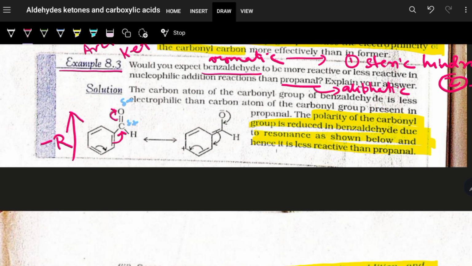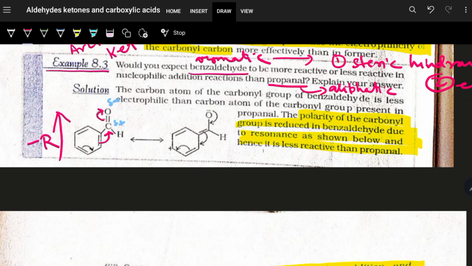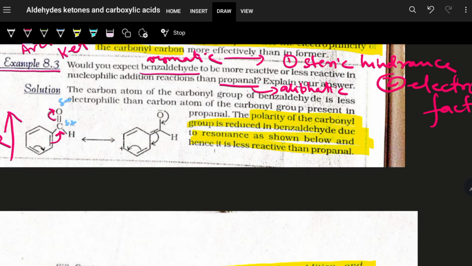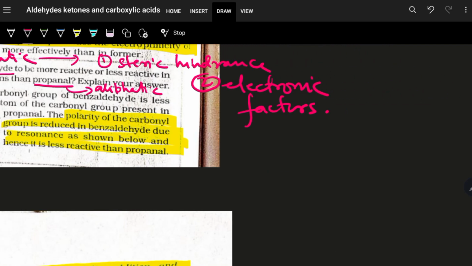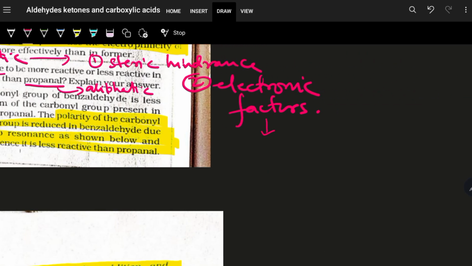And since it is moving out towards a delta positive carbon, it reduces the polarity over C double bonded O and it reduces the electrophilicity. So I can say the minus R effect reduces the electrophilicity over carbonyl carbon.